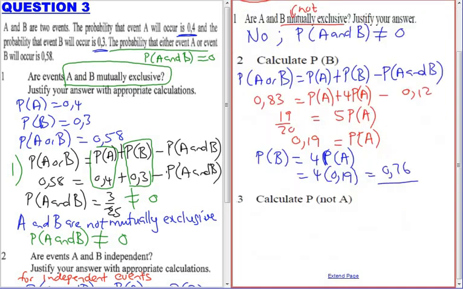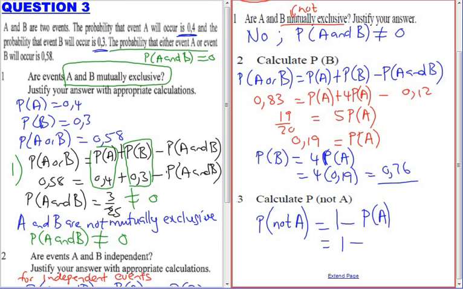Now, lastly, for this question, you were supposed to calculate the probability of not A. Well, if you remember, we are talking about complementary events now. If we say probability of not A, it means it's 1 minus the probability of A, because complementary events are exhaustive. All right, they will add up to 1. Probability of A and the probability of not A should add up to 1, complementary events.